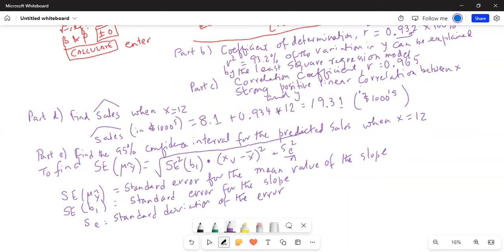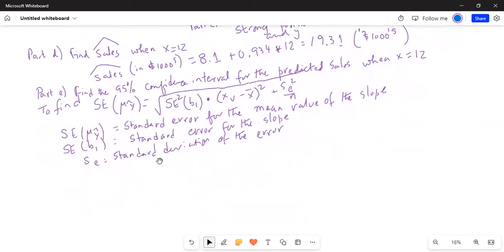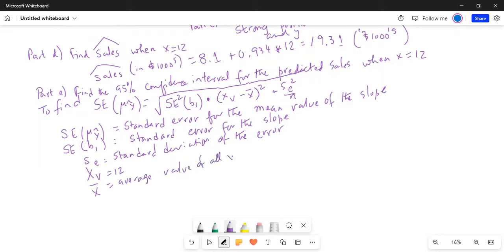Okay, let me create some more space. x_v is the given value of x, which is 12. X bar is the average value of all x. And n is the sample size, in this case equal to 10.